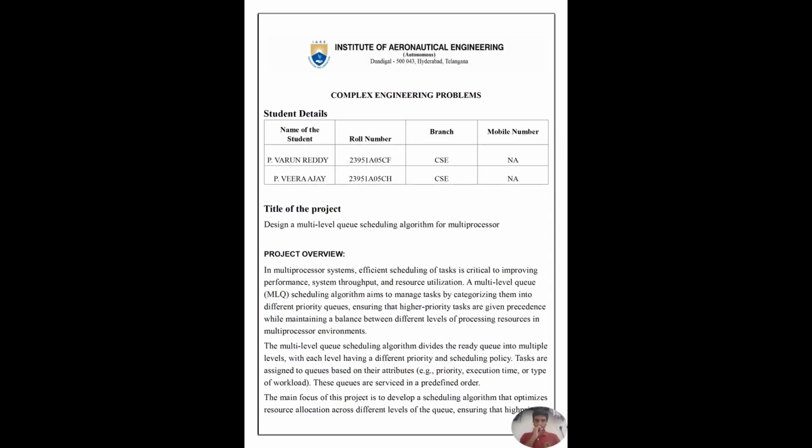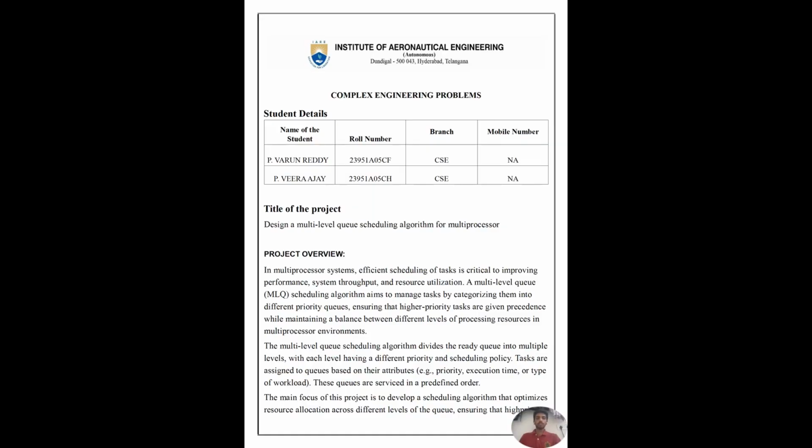The title of the project is: design a multi-level queue scheduling algorithm for multiprocessor. Let's look into what multi-level queue CPU scheduling is. Multi-level queue CPU scheduling is a type of scheduling applied at the operating system level with the aim of sectioning types of processes and then being able to manage them properly.